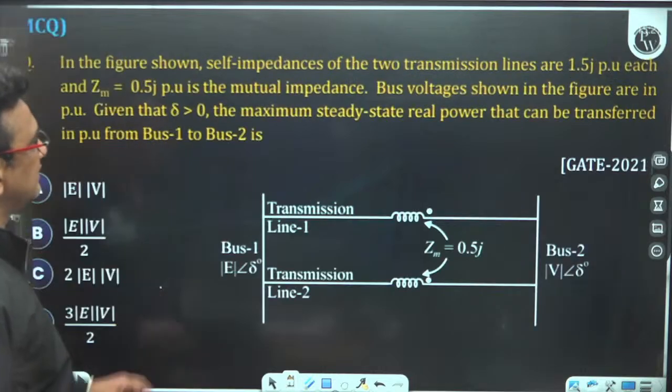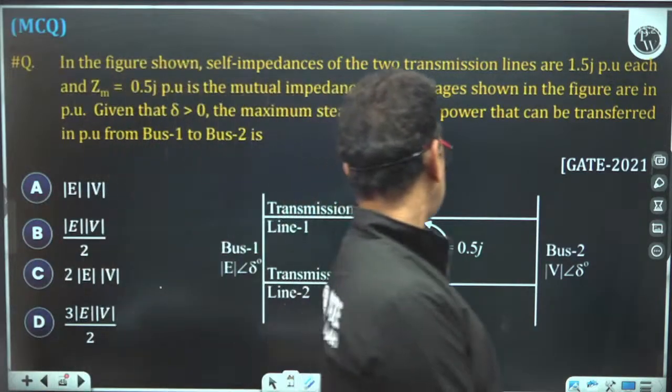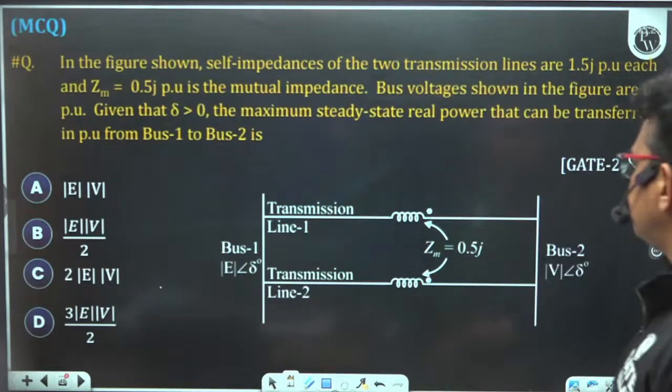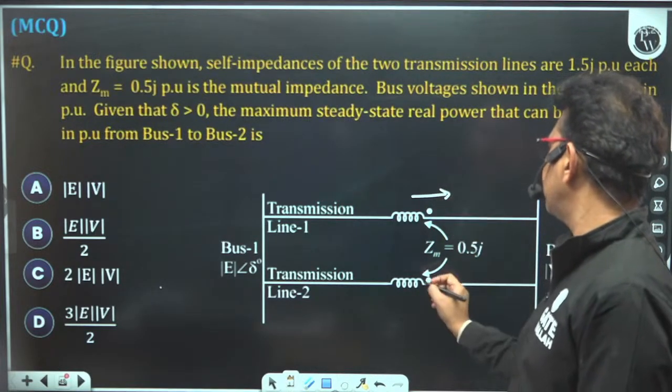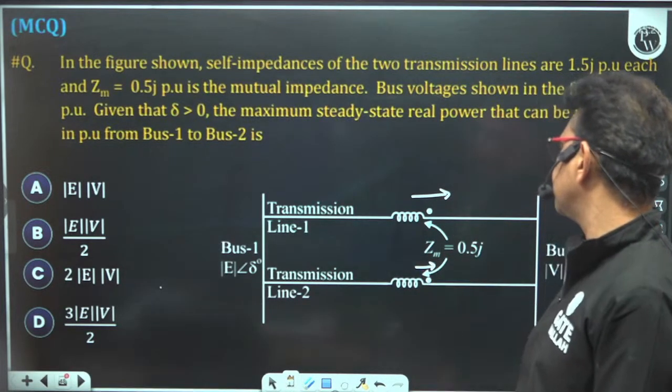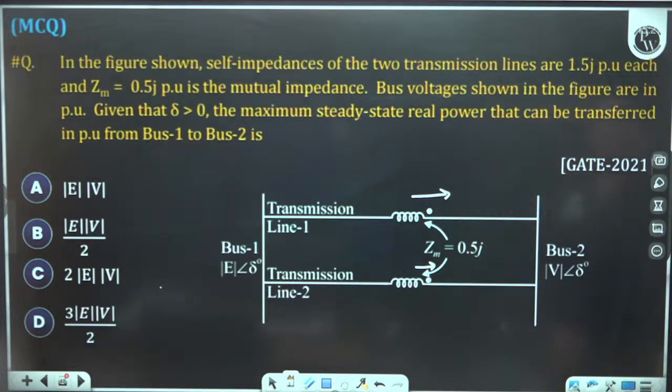Okay. This question. The two transmission lines are connected and there is a mutual coupling. See, the current is coming out of this dot terminal, the current is coming out of this dot terminal. That means they are in additive polarity. Now find out the maximum steady state real power.